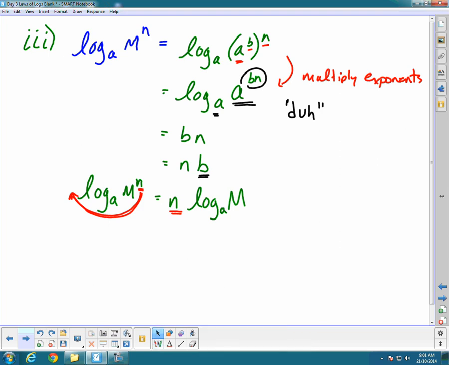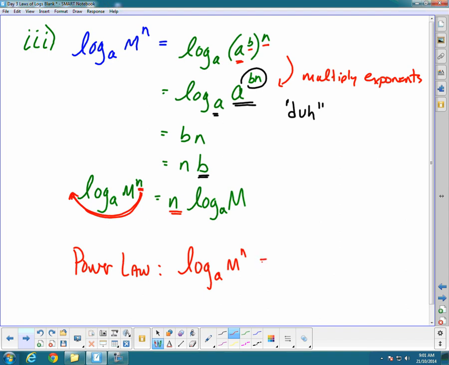So this one is called the power law. So log m to the n base a. So you're taking the log of something that already has an exponent. That exponent can come out front and be multiplied by the rest of whatever's left over.